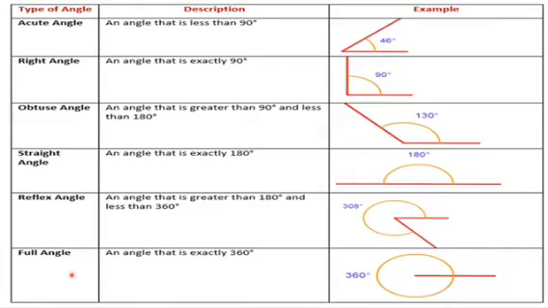Full angle or complete angle, as we discussed earlier, is an angle which is exactly 360 degrees. When it completes a full rotation, it results in a complete angle. So here it is exactly 360 degrees wherein we have completed a rotation. Both the lines coincide, they lie on each other. So this angle is called a full angle or complete angle.